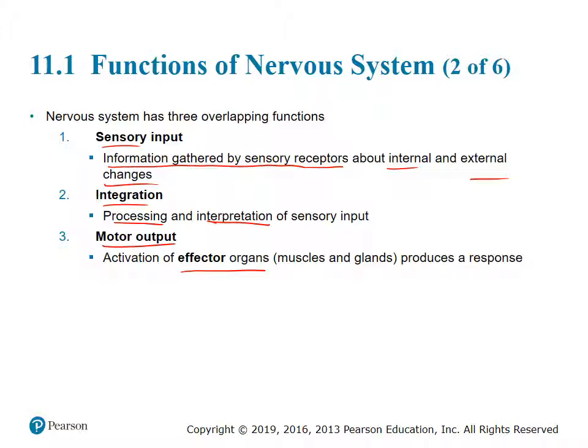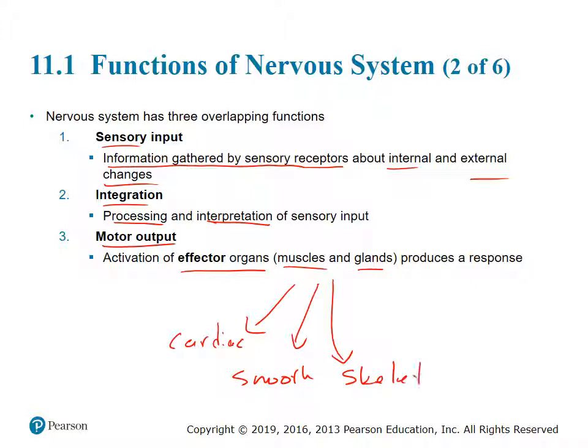The output is always going to be a muscle or a gland of the body. Notice it just says muscles; we don't specify, but this can very well be cardiac, smooth, or even skeletal muscle, which we know to be found in all different parts of the body, and glands, right?